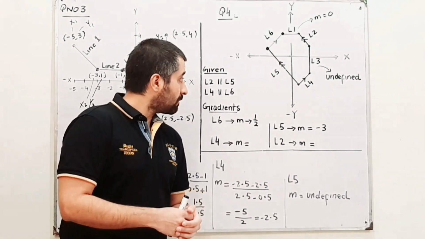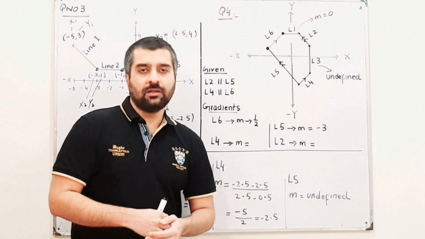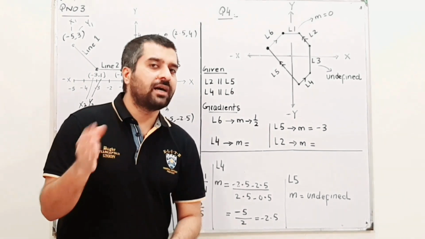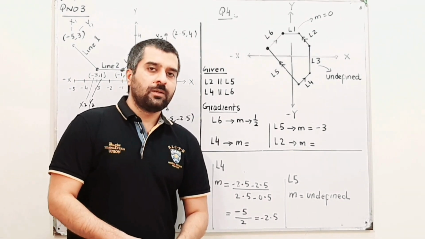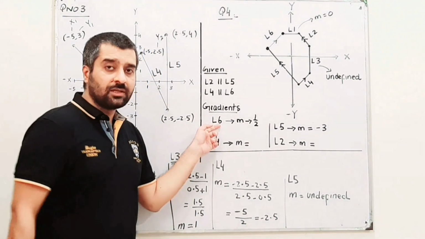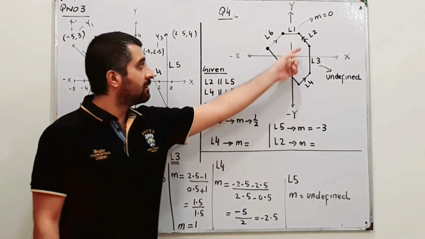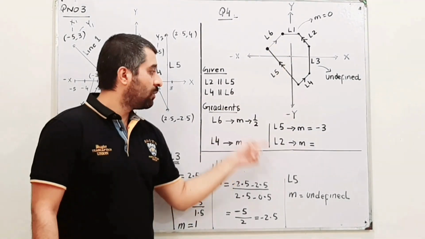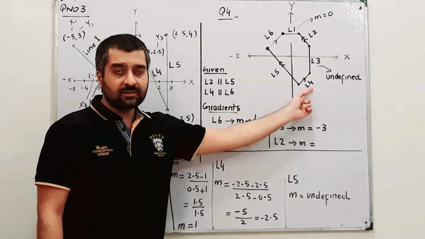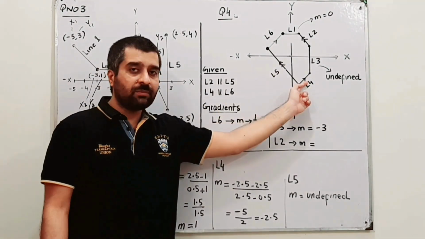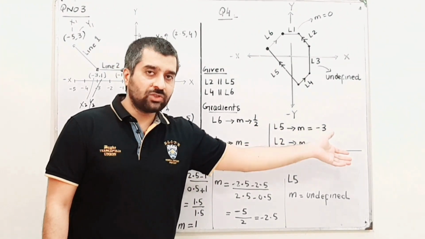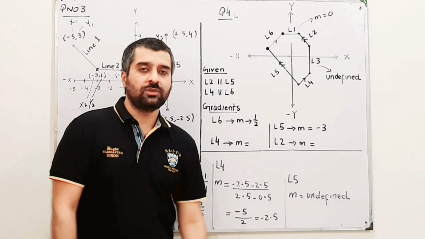Similarly, L4 and L6 are parallel. Now we have been given the gradient of L6 in the question. The gradient of L6 is 1 by 2. Now L6 is parallel to L4. You can see in the diagram. So their gradients must be the same. If the gradient of L6 is 1 by 2, then the gradient of L4 is also 1 by 2.